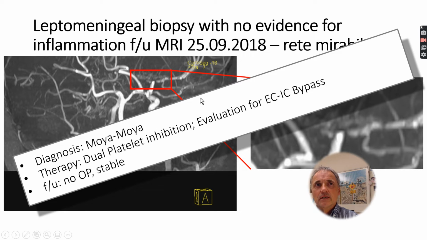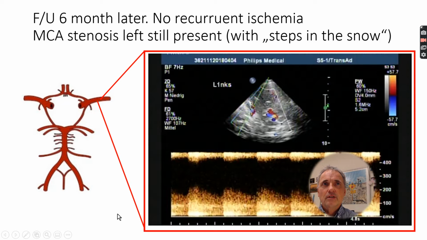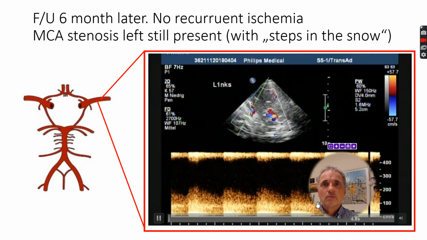There was a date with a neurosurgeon from Berlin Charité, but the patient did not go to this date, and so she took dual platelet inhibition. Fortunately, 6 months later, she was clinically stable despite the lack of operation, and the MCA stenosis was still present with steps in the snow.